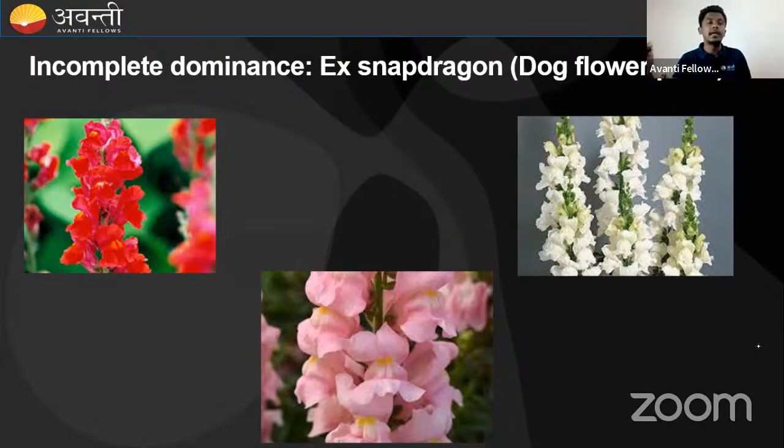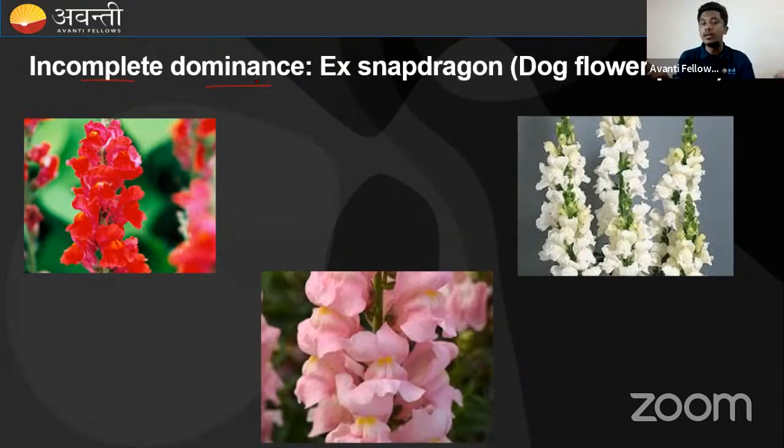The first case we will take is incomplete dominance. These are certain cases where the law of dominance does not apply. Correns is a scientist who discovered this condition of incomplete dominance. His experimentation on snapdragon flower or Mirabilis jalapa also shows the same thing.